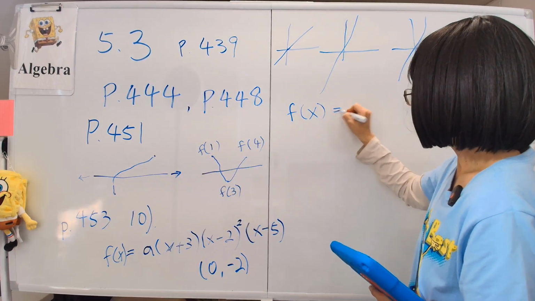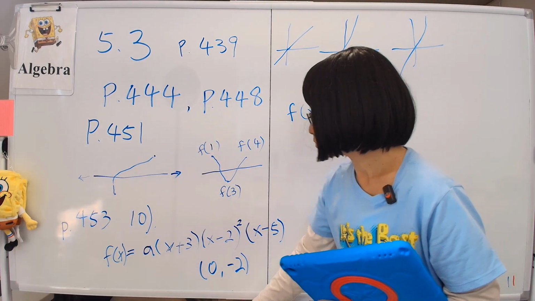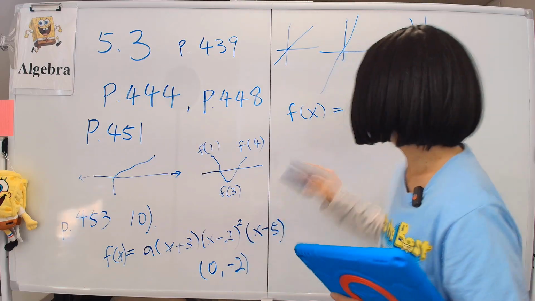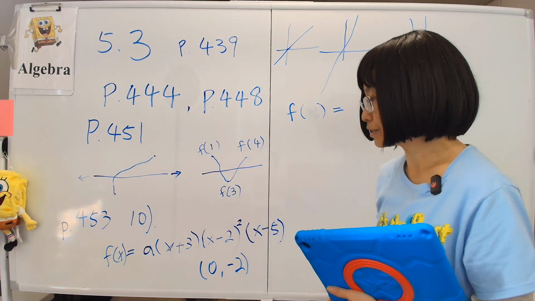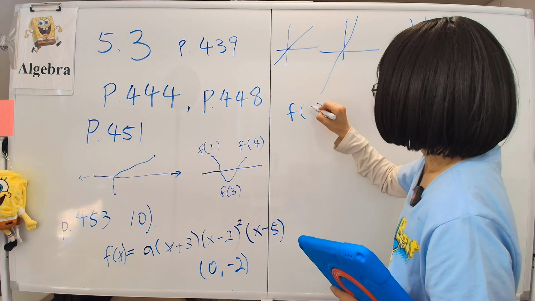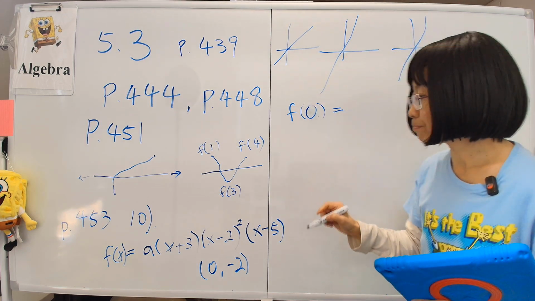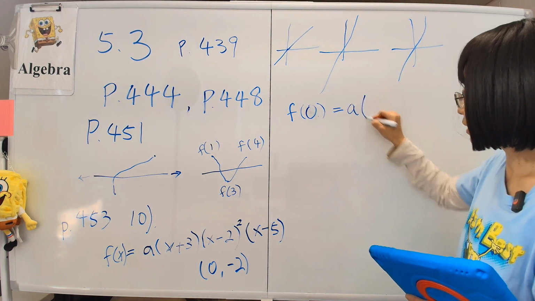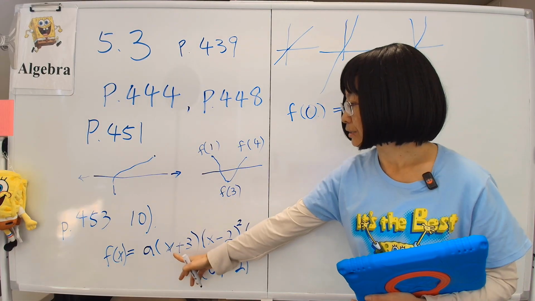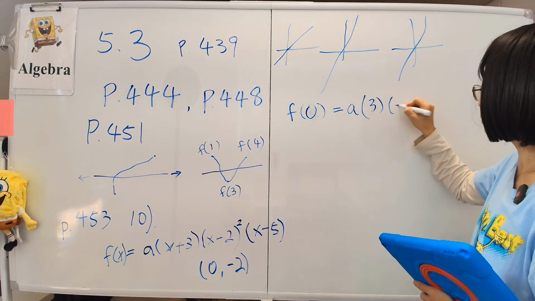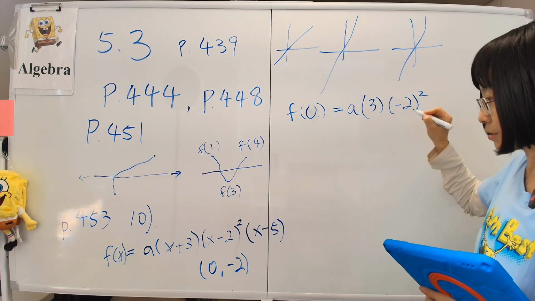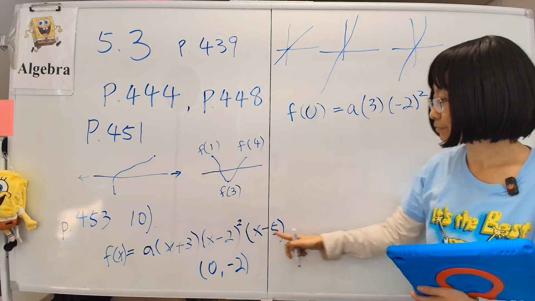So let's calculate f of 0, because once we plug in f of 0, the polynomial has to fit that equation. f of 0 had better be equal to a times, plugging x equal to 0 for all of these things, 3 times -2 squared times -5.